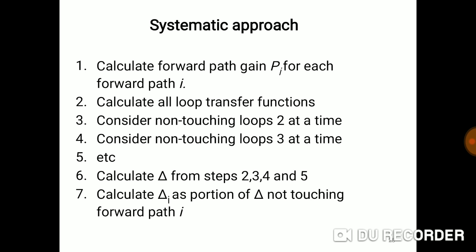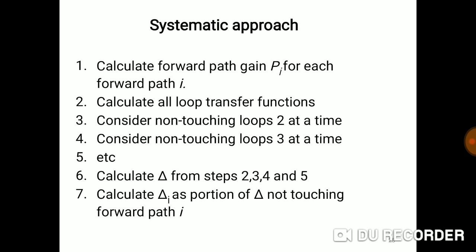What procedure are we supposed to follow if we want to use Mason's gain formula for finding the transfer function of a signal flow graph? First, find how many forward paths there are, as we have already discussed. Then calculate all loop transfer functions. Then find how many two non-touching loops there are, then three non-touching loops, and so on.